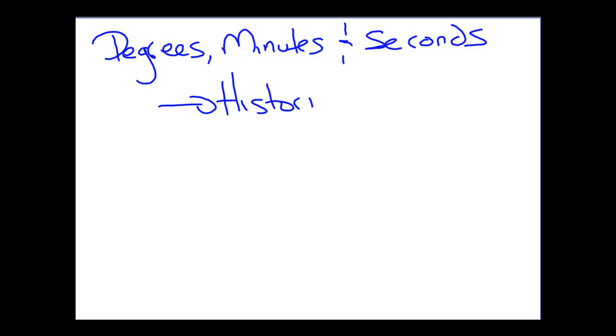We got this from a particular culture. The Babylonians originally came up with this measure of units. We see this when we talk about angles in degrees, minutes, and seconds. We also see this when we talk about time, hours, minutes, and seconds. So this is a historical unit from the Babylonians and is not necessarily the most convenient way to measure angles.